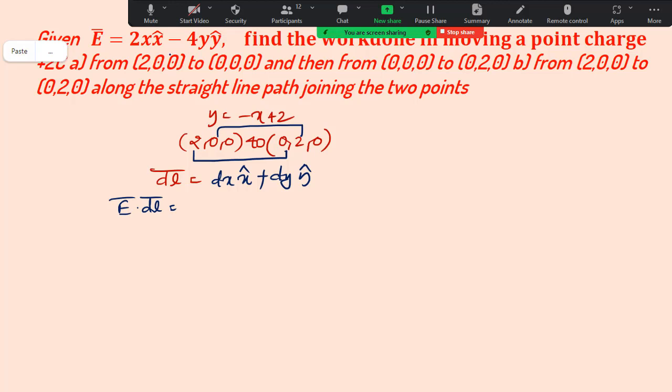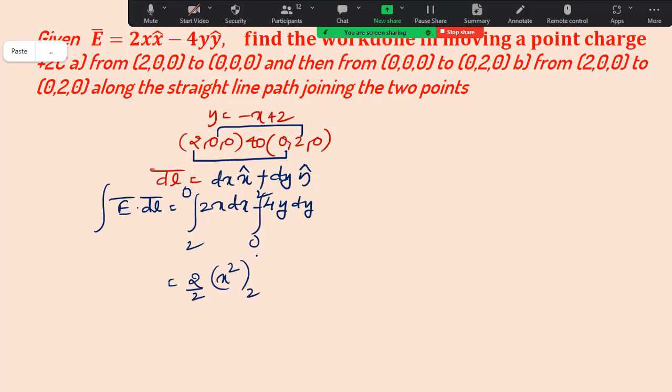E bar is having an x component and a y component. So corresponding components, if you multiply, we get E bar dot dl bar equal to 2x dx minus 4y dy. Then integrate. The integration is to be done for the x coordinates from 2 to 0, for the y coordinates from 0 to 2.